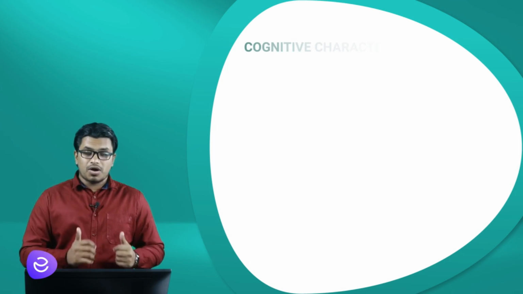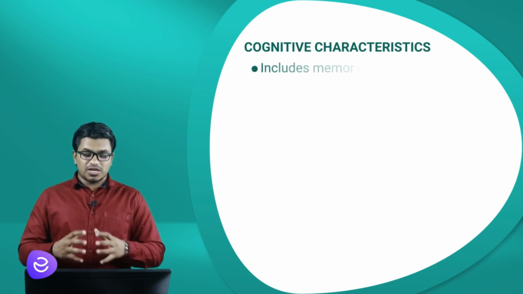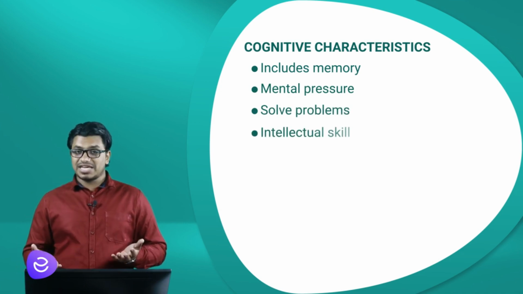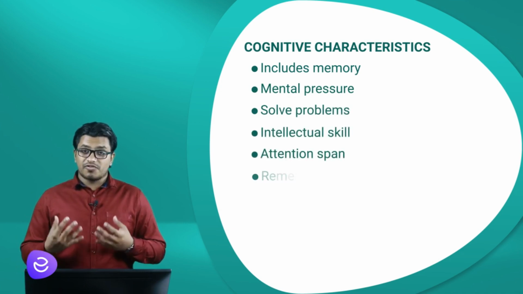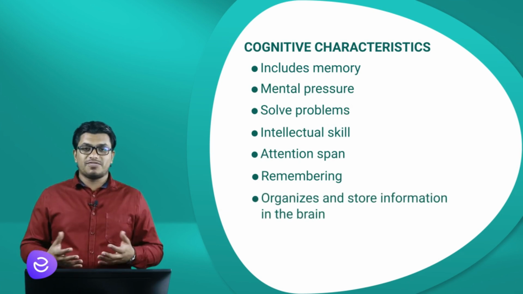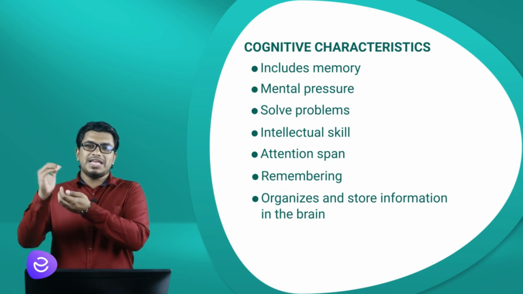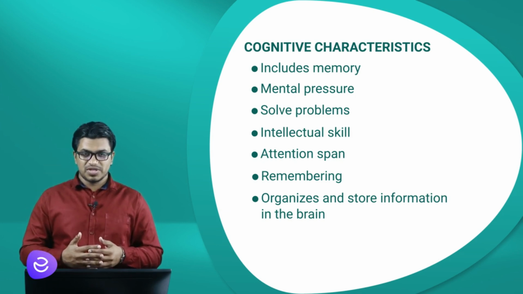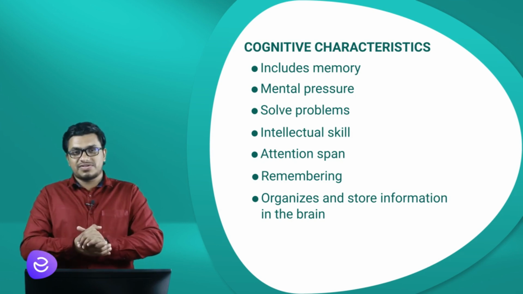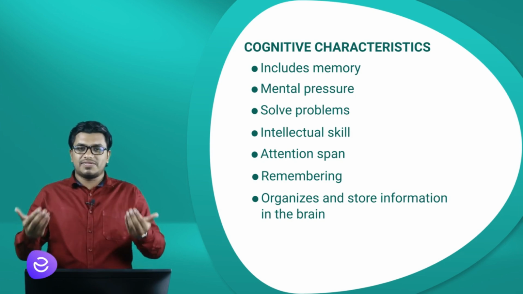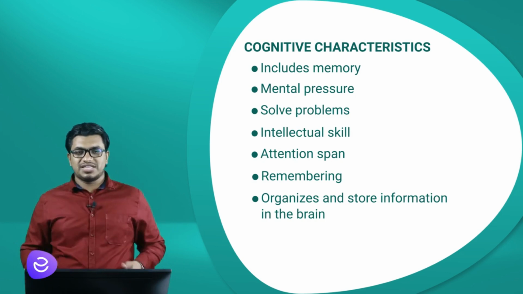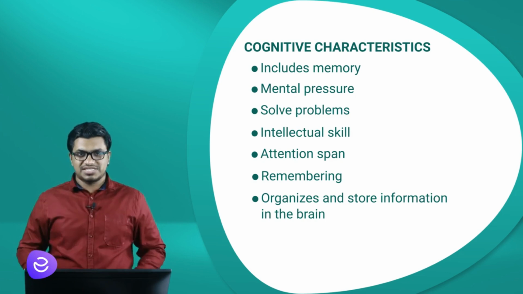Then the last one is cognitive characteristics. It includes memory power, mental pressure, problem solving ability, intellectual skill, attention span, remembering span, and the ability to store or organize information; these are somewhat high level characteristics. If a person has proper cognitive characteristics, the learner himself can become a teacher, because those are advanced skills.